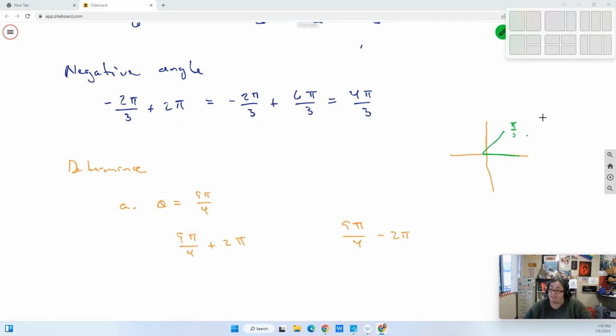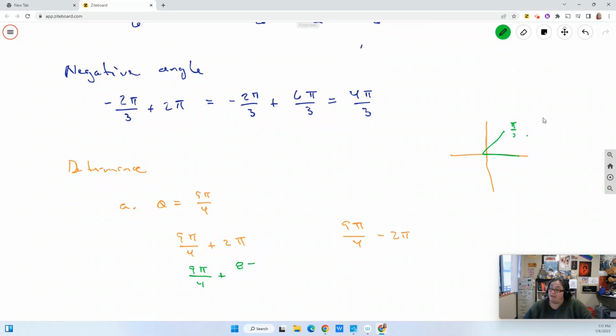So if I look at 9 pi over 4 plus 2 pi, I'm going to make 4 my common denominator. I'd have 9 pi over 4 plus 4 times 2 is 8 pi over 4, which gives me 17 pi over 4.